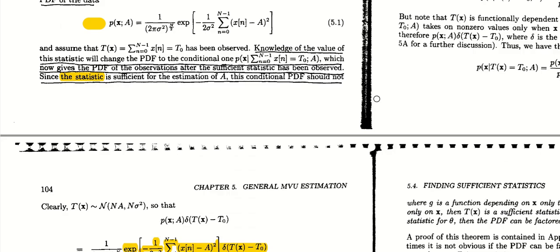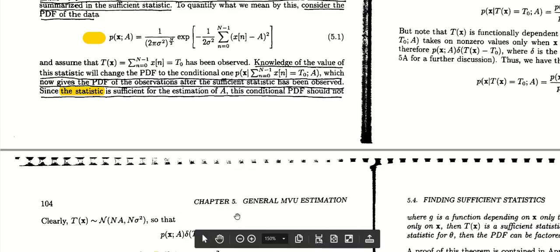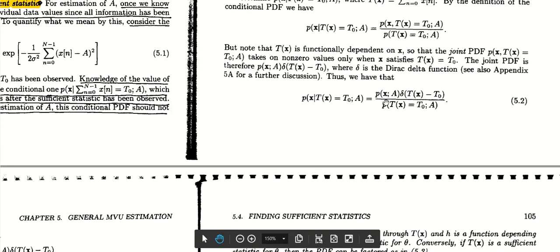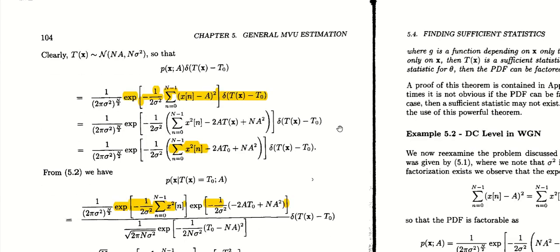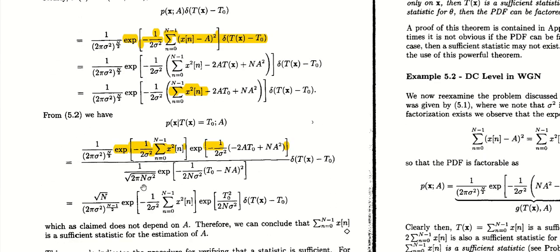Let's recall the denominator. The denominator term is this term. So you have this as the denominator, and then if you look, you actually have some common terms here, 2 pi sigma square.